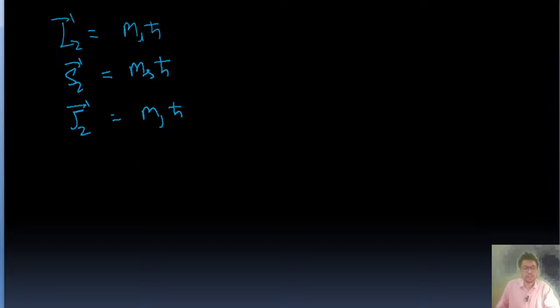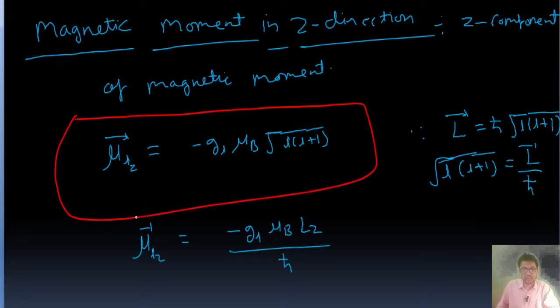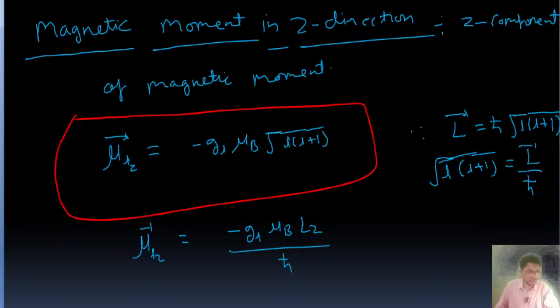So these are the values. So now we can put this Lz value in this equation. This is the important formula, you need to note it down: mu Lz, the Z component of magnetic moment, is minus GL mu B Lz upon H cut. Lz value is ml H cut, Sz value is ms H cut, Jz value is mj H cut. Important one.